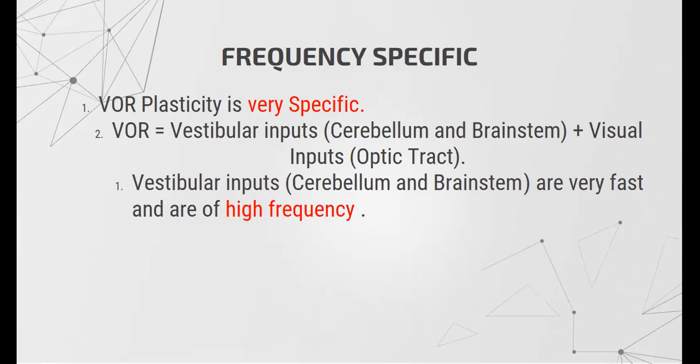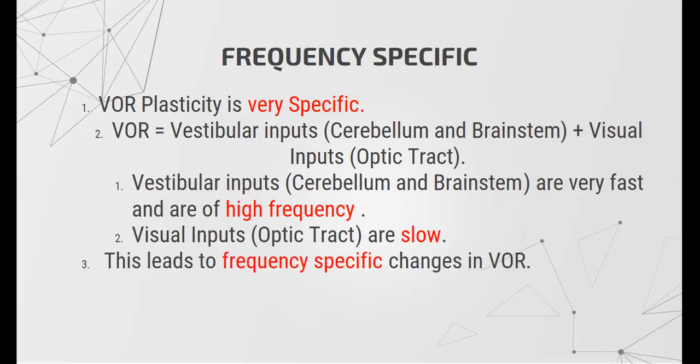Okay. So the vestibular inputs via cerebellum and brainstem are actually very fast and are of very high frequency. And visual input, on the other hand, is very slow. So this leads to frequency specific changes in the VOR.